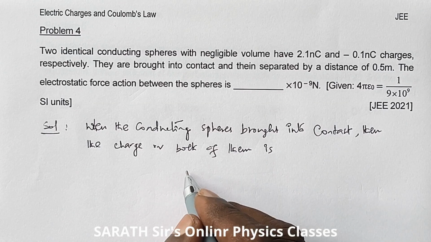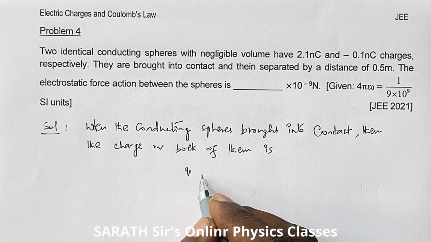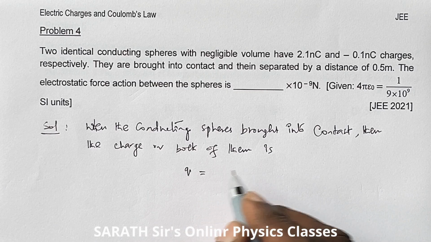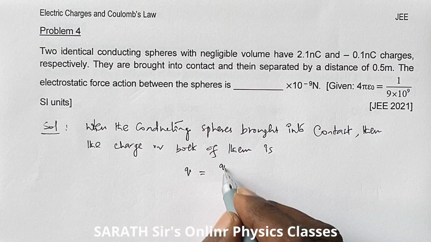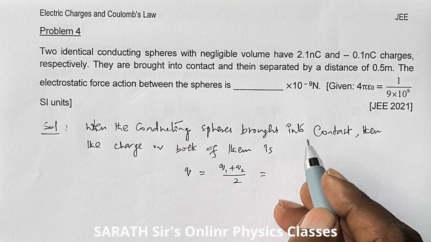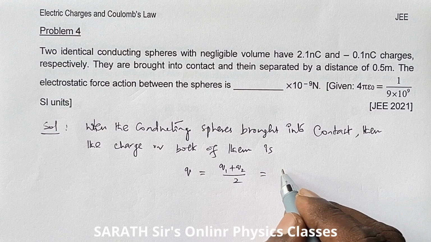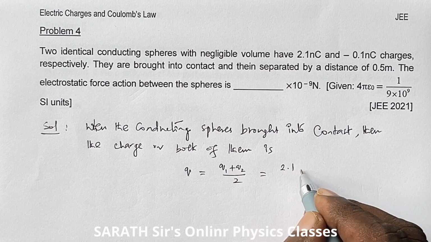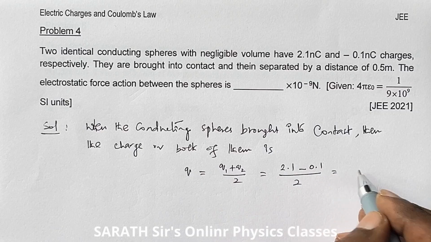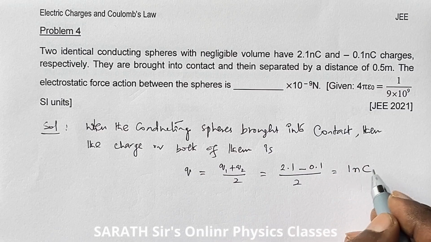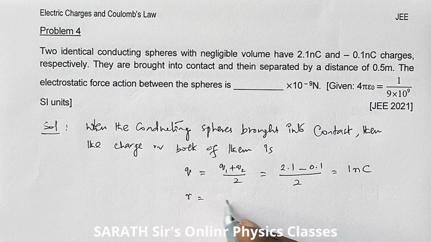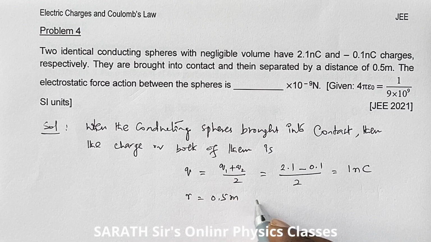So the charge on both of them, Q1 is equal to Q2 is equal to Q is equal to Q1 plus Q2 by 2. This is the formula. What is Q? 2.1 minus 0.1 by 2. That is 1 nanocoulomb. Now, the distance of separation is 0.5 meter.